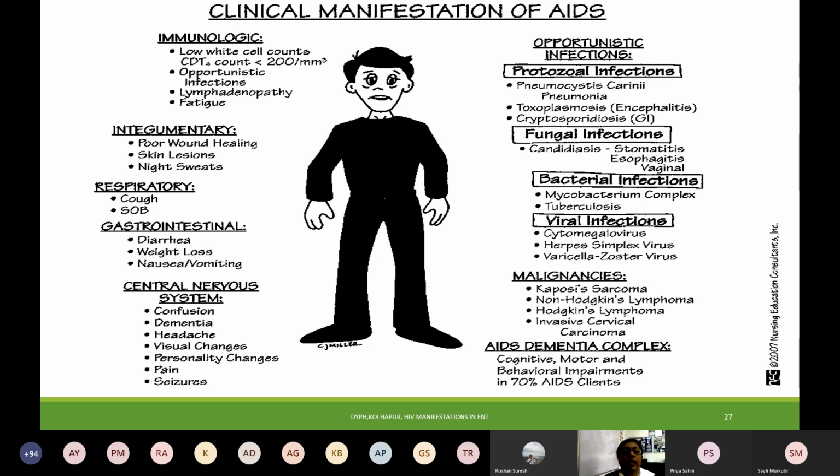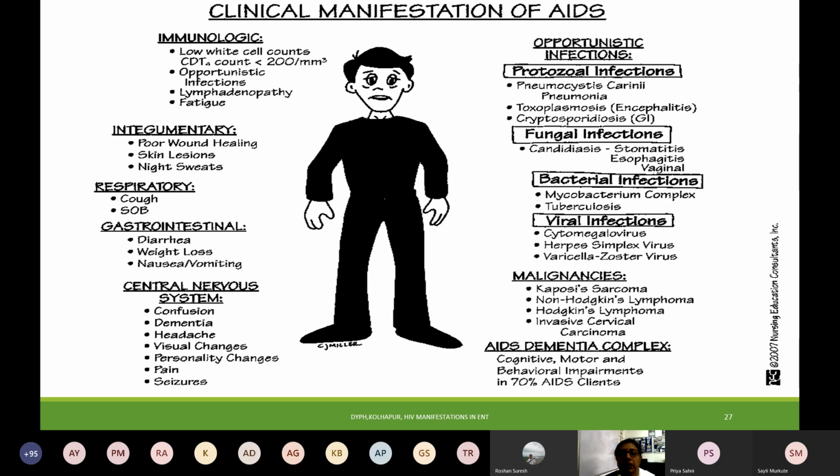Integumentary manifestations are poor wound healing, skin infections, and night sweats. Respiratory symptoms are cough and shortness of breath. Gastrointestinal symptoms are diarrhea, weight loss, nausea, and vomiting. With head and neck, they can come with gastrointestinal or CNS involvement also.